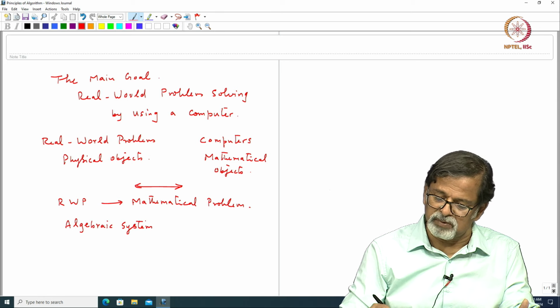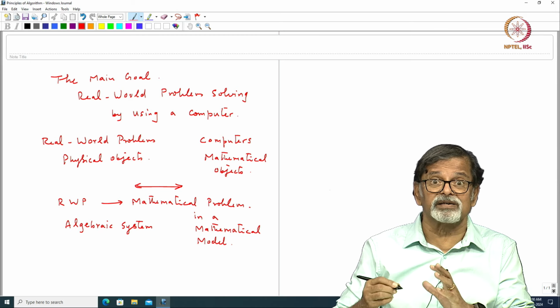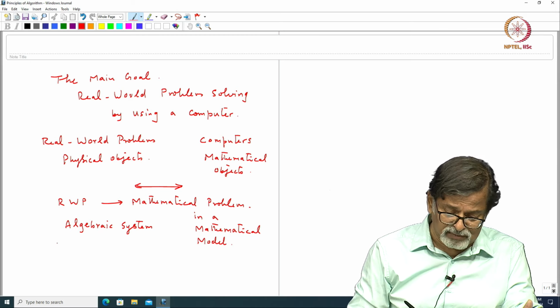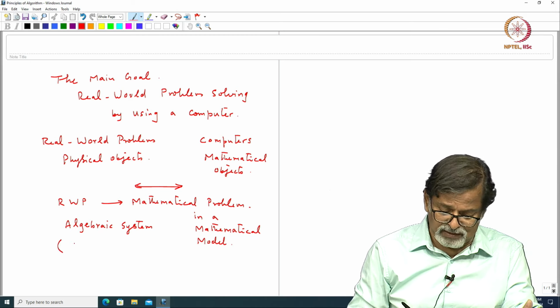By mathematical model we mean an algebraic system. An algebraic system consists of a set of mathematical objects, or abstract objects or elements, together with a set of operations.